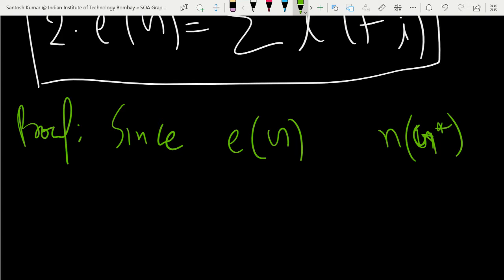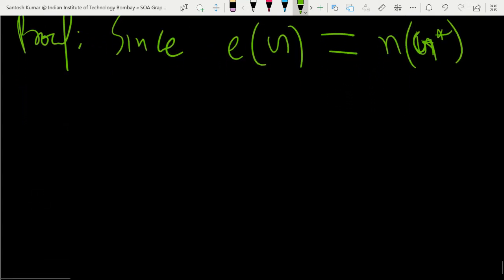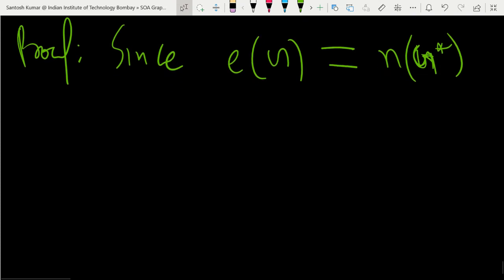When you draw a dual graph, are the numbers of edges equal or different? Equal. Actually you can simply see that vertices and faces interchange in graph G and G star, but the number of edges in both remains the same. Corresponding to each edge of graph G, you will have one edge in graph G star. So the number of edges in G is equal to the number of edges in G star.